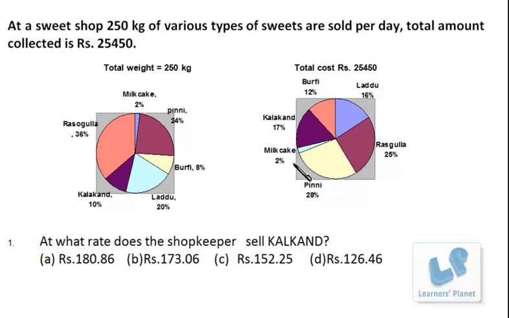It's 2%. So 2% of 25450 is around 500 rupees. So the weight of milk cake is 5 kilogram, and the cost of that 5 kilogram is around 500 rupees. So this is how the calculation is done.